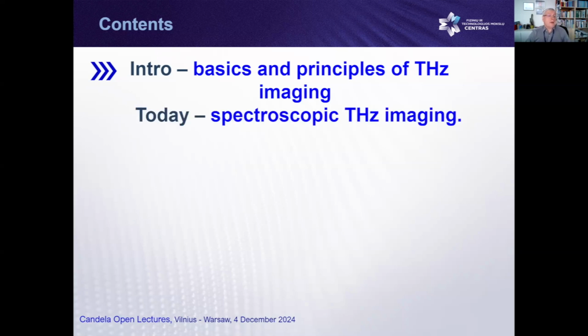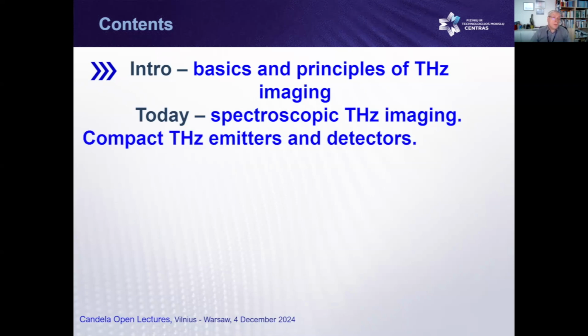Today, the main focus will be spectroscopic imaging: how we can extract spectroscopic information from the image when we are not directly recording the spectrum itself. We'll talk about compact emitters and detectors, and how we can go with flat optic solutions. These three components, emitters, detectors, and flat optics, are the main ones in order to reduce the size of the system and make it user friendly.